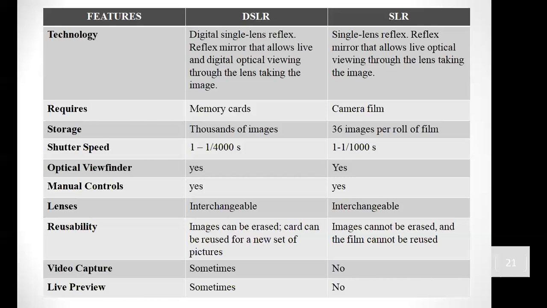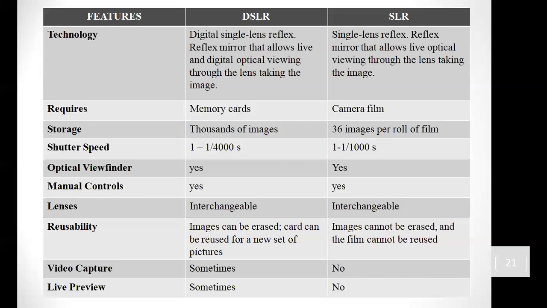Whether it is a digital SLR or a normal SLR, when you click it, a small flip or click kind of sound is there. That is just because of the mirror moving. So as a result, you are getting this flip sound.